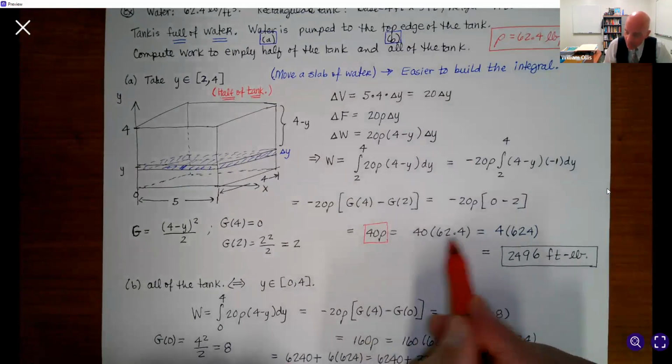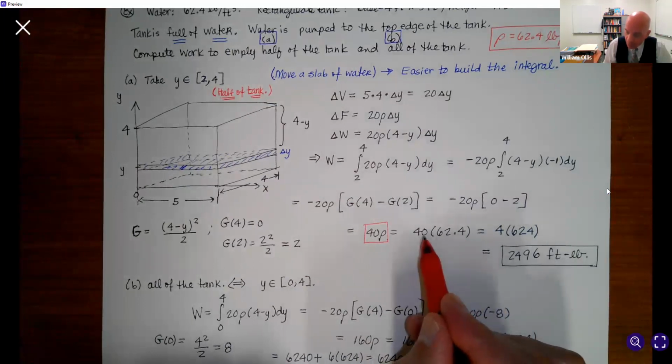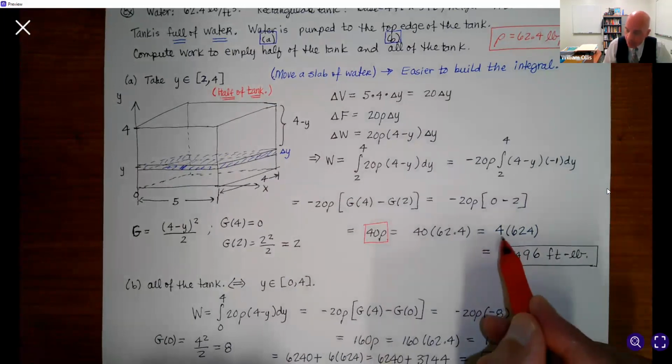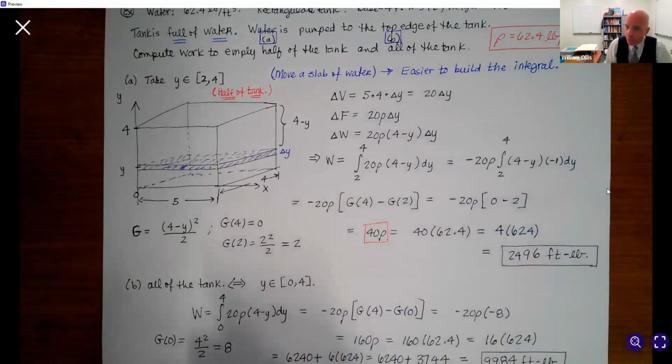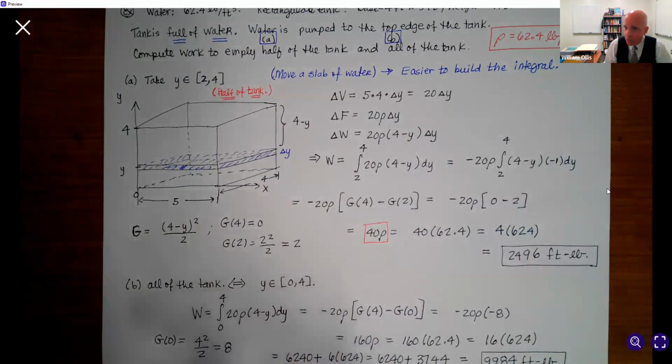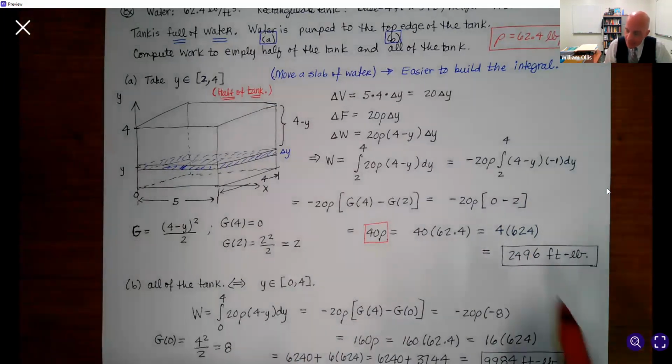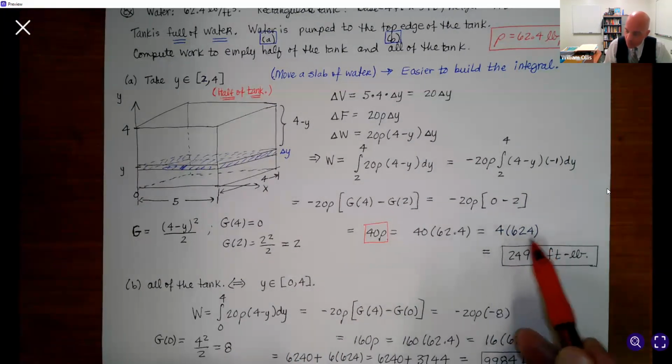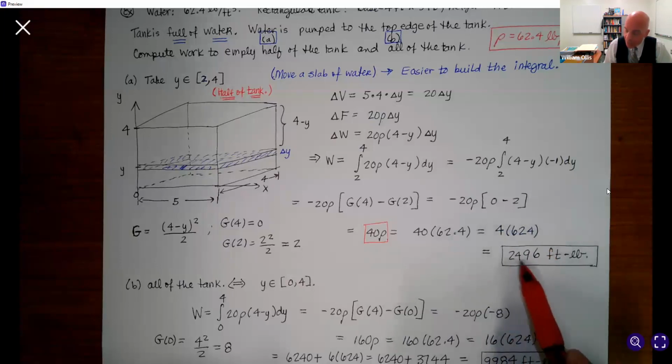And then, of course, what's nice about this, the decimal here will just absorb the 0 there. So we just get 4 times 624. Your homework does not ask you to round anything, so you just compute it as it is. And then, of course, here multiplying by 4 is very easy. We get 2,496 foot-pounds.